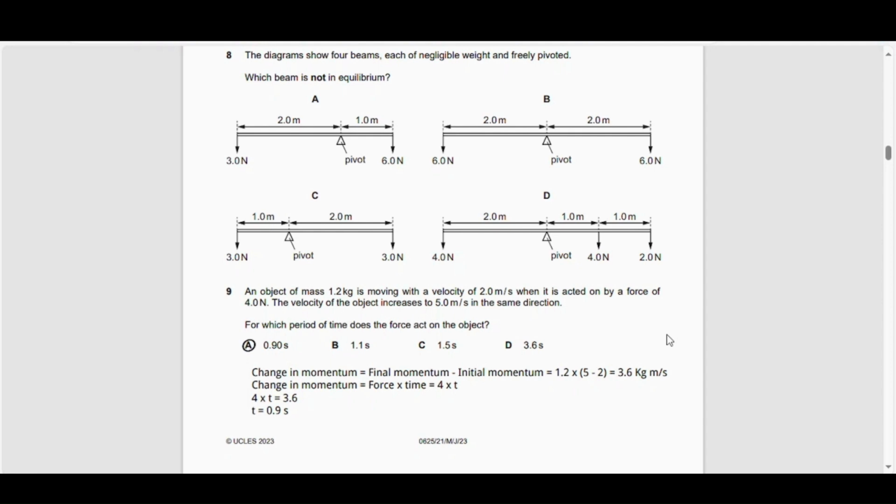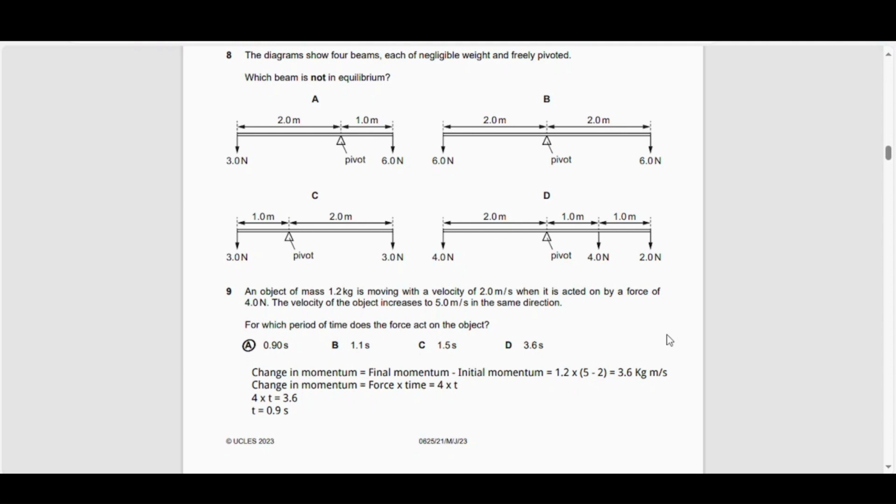So here, usually when we're trying to calculate impulse, we're trying to think, do we have to use the change of momentum method, or do we have to use the force multiplied by time method? Here, it's going to be slightly different because we can calculate the change in momentum, but we're not interested in the impulse. We're interested in the time that the impulse acts over. So we can get the change in momentum by multiplying the mass of the object by the difference between its final velocity and initial velocity.